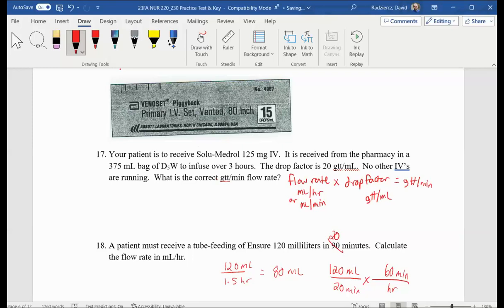So what we're going to do is take our flow rate, which is 375 milliliters over 3 hours, multiply by my drop factor. Now, before I go to the next step, I'm not done because I need to convert hours to minutes. So one final step is I need to divide by 60 minutes.